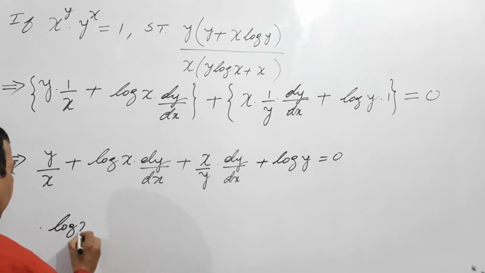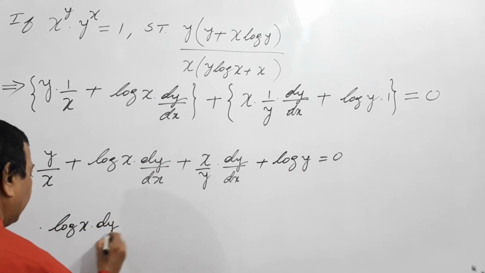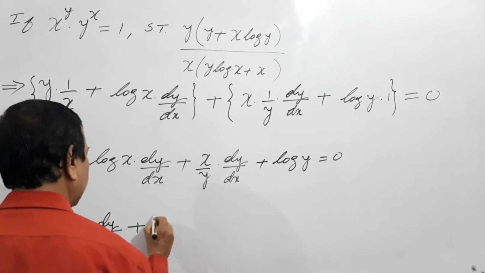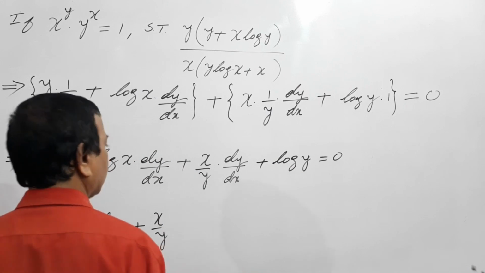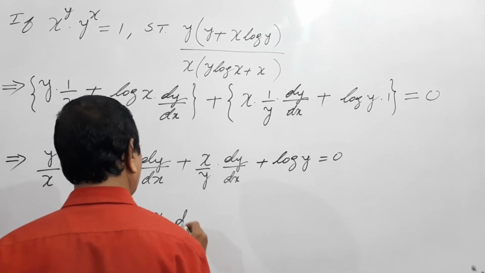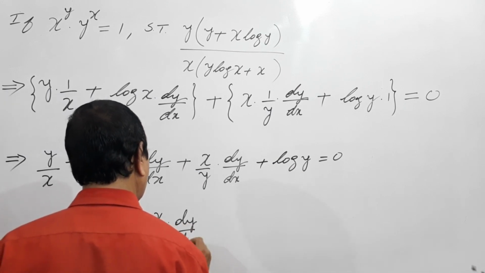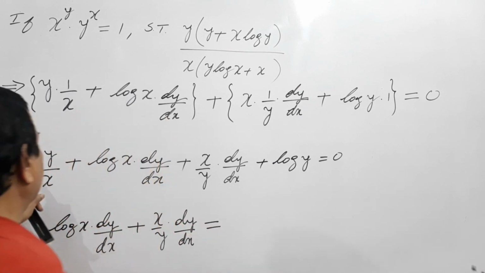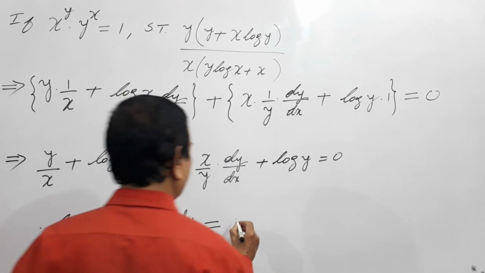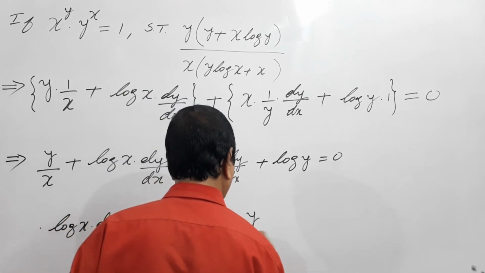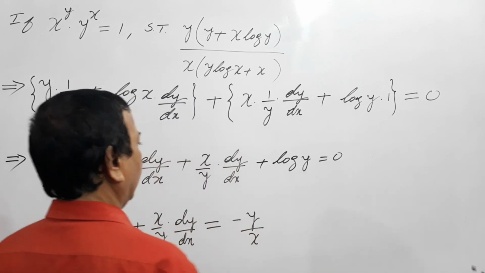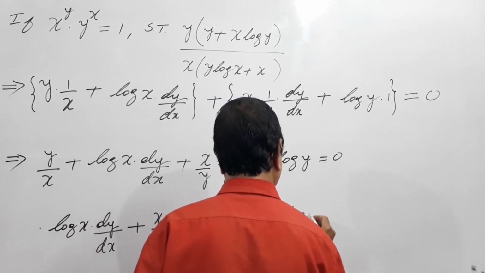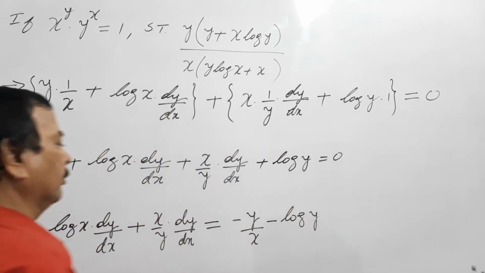Log x into dy by dx plus x by y into dy by dx equals to, so I'll send it to the right hand side, that becomes minus y by x, and this also I send, this also becomes minus log y.